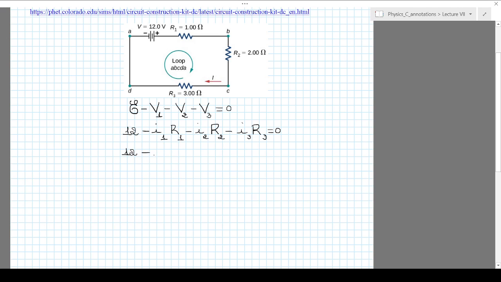I can just use I, and R1 is 1, so I have I, R2 is 2, so I have 2I, and R3 is 3, so 3I. This equals 0.